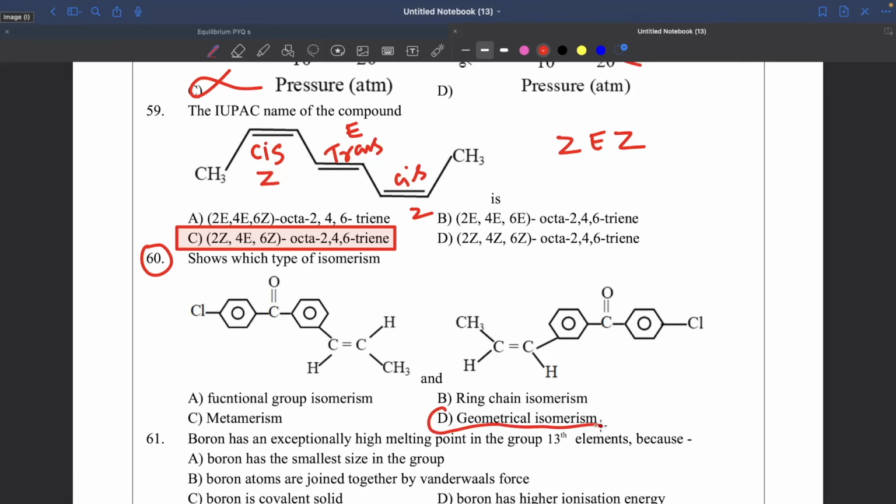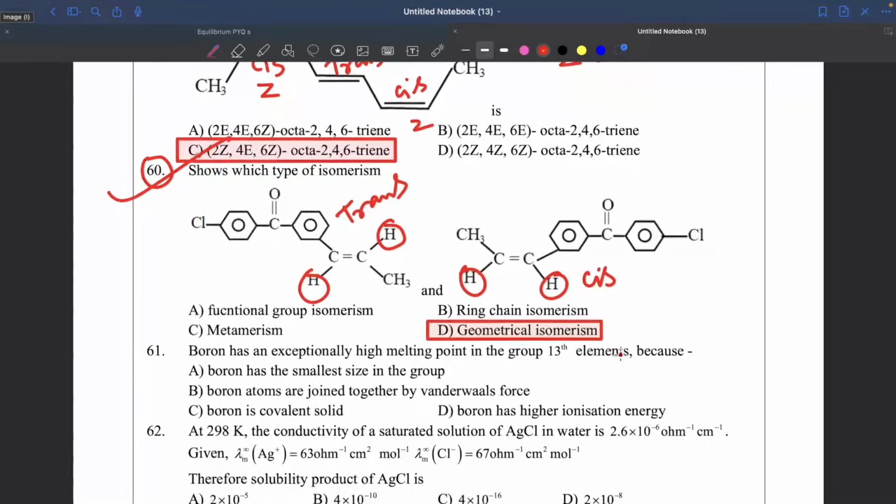So, the possible option is geometrical isomerism, I can explain it here. So, two hydrogens are in trans position, both the hydrogens are in trans position, here both the hydrogens are in cis position. So, the answer for the 60th question is geometrical isomerism.